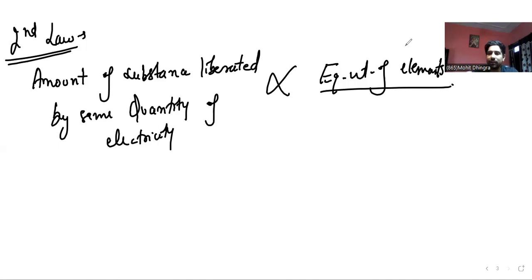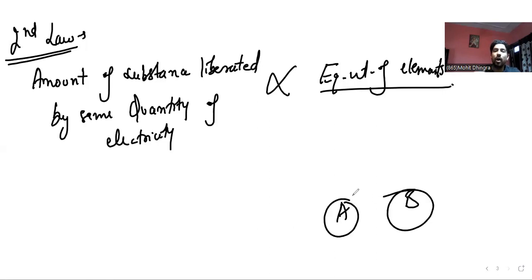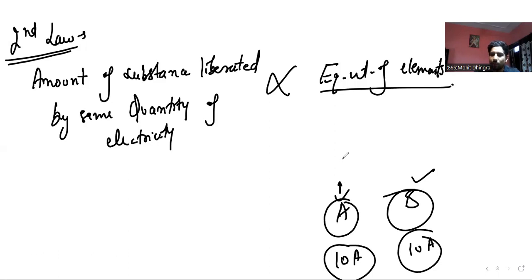Let's suppose we have two elements, A and B. How much of A and how much of B is liberated when we pass an electric current of 10 amperes through both of them? How many grams of A and how many grams of B are deposited depends upon their equivalent weight.